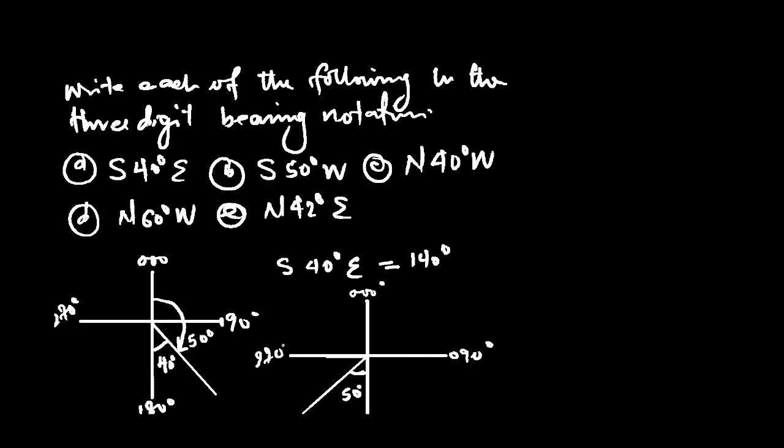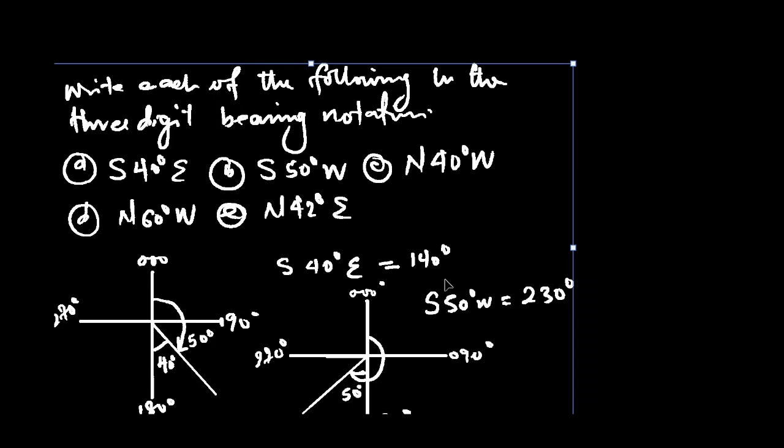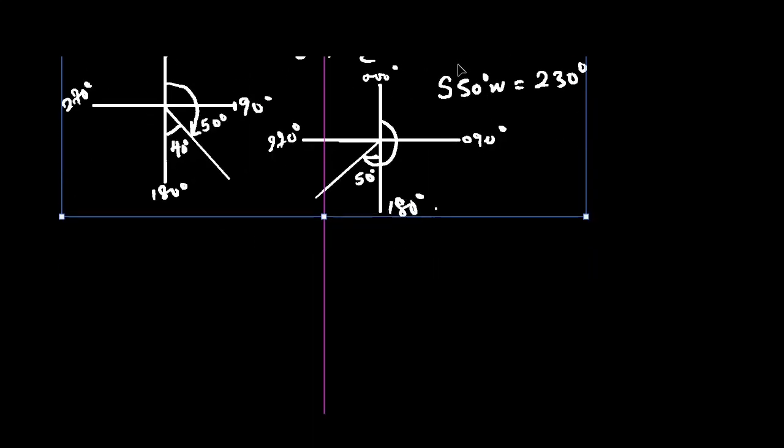This is 270 degree, and this is going to be 180 degree. So you start reading from the north, then you take it down to this place. So that will be 180 plus 50. So it means that south 50 degree west is equivalent to 180 plus 50. That will give us 230 degree. Alright, so let me answer one more, then we pause the video and answer the remaining ones.